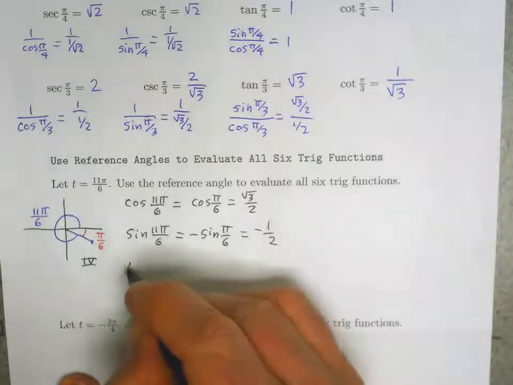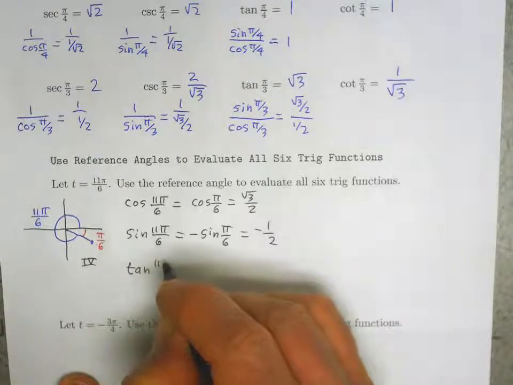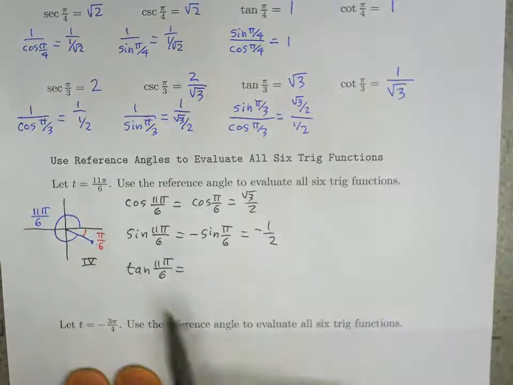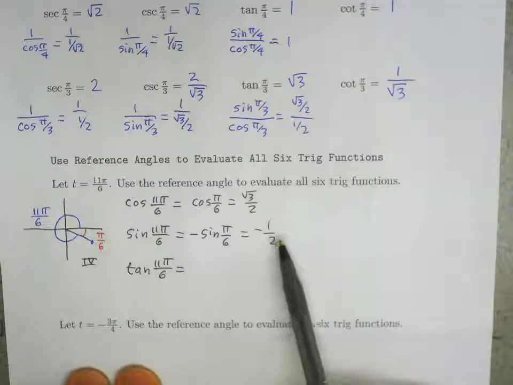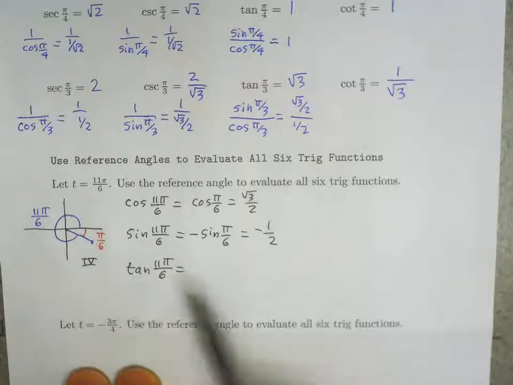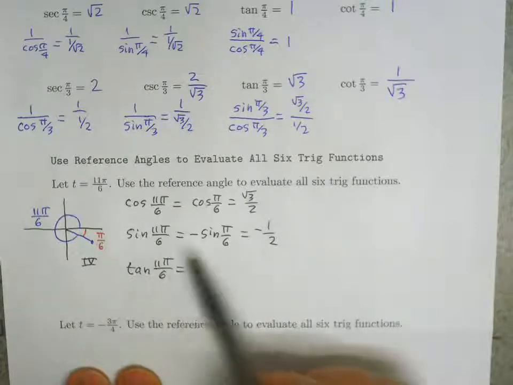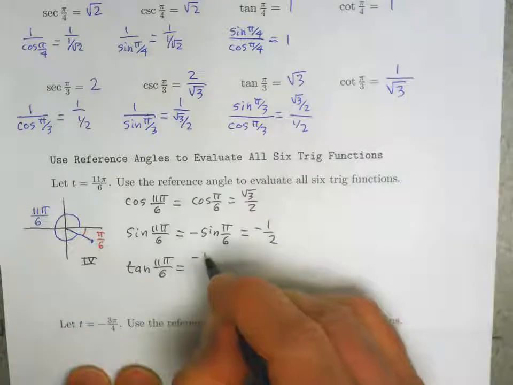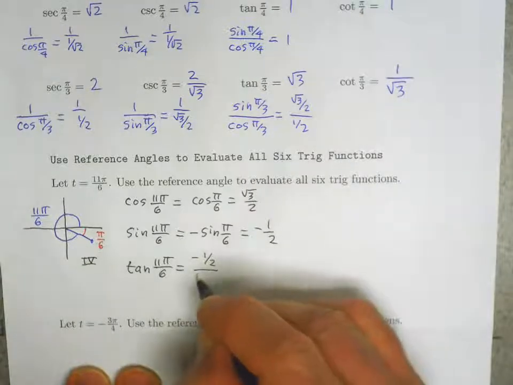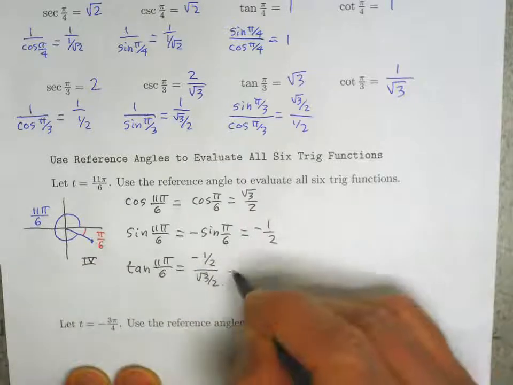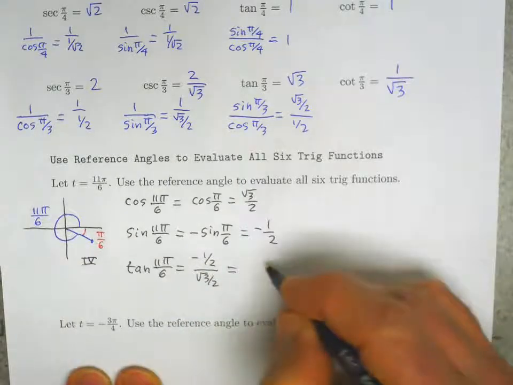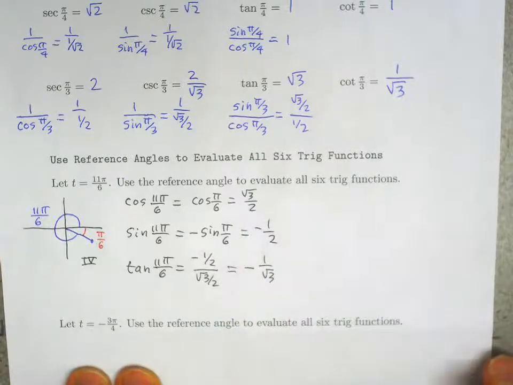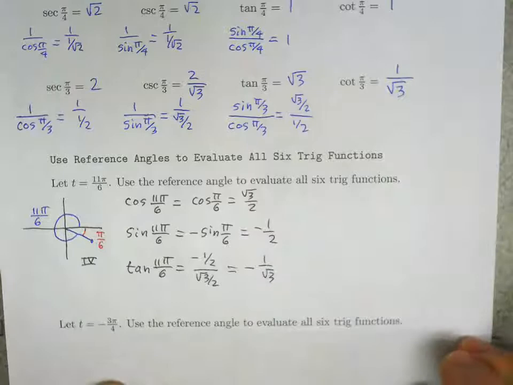So let's just do tangent of 11 pi over 6. That's sine of 11 pi over 6 divided by cosine of 11 pi over 6. So we'll just write down negative 1/2 divided by the square root of 3 over 2. And we'll simplify that a little bit, and we get negative 1 over the square root of 3.